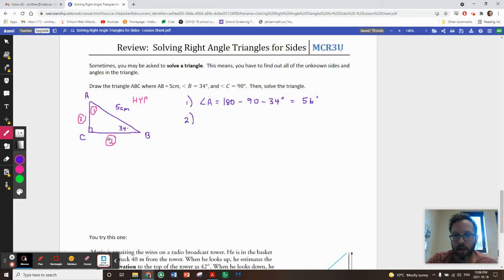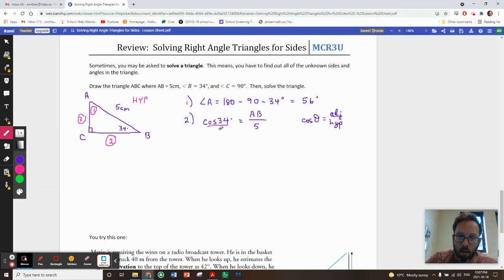So side BC is adjacent to 34 degrees. So I'm going to use the cosine of angle 34 degrees. That equals the adjacent side, BC, over the hypotenuse, 5. If you need to write out cosine theta equals adjacent over hypotenuse beforehand, just do that, okay? It's okay.